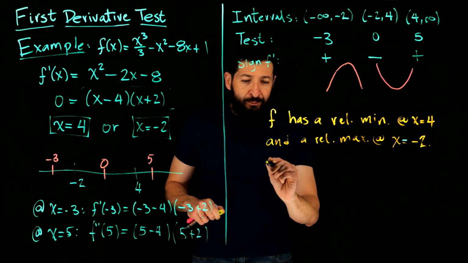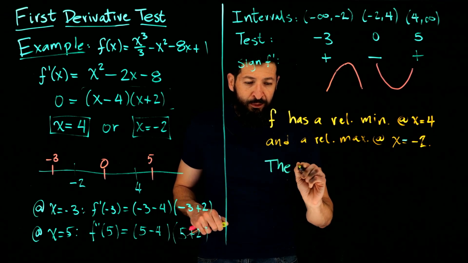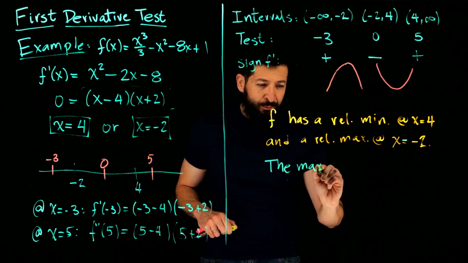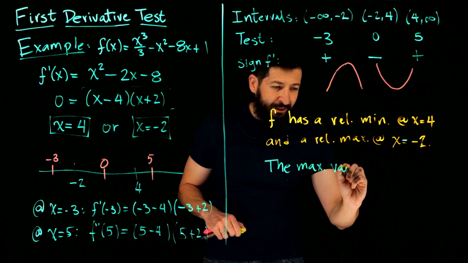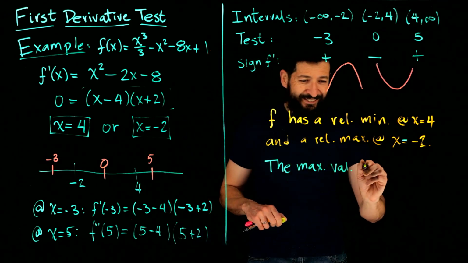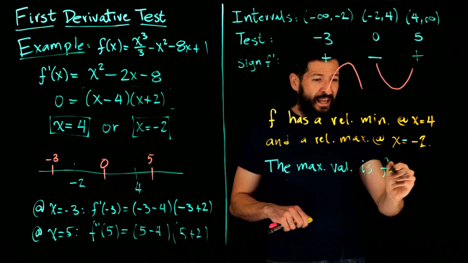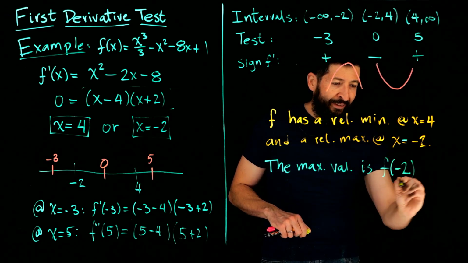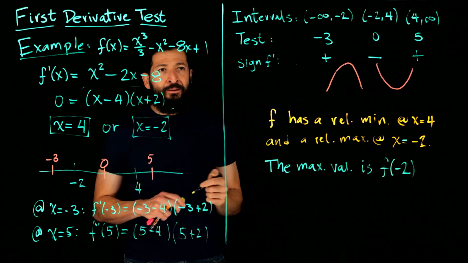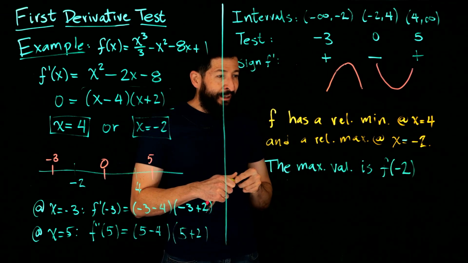So you would say the maximum value is, and I'm not going to compute it because I don't have my calculator with me, and I don't want to make mistakes. F of negative 2. So you would plug your negative 2 back into the equation to get your maximum value.